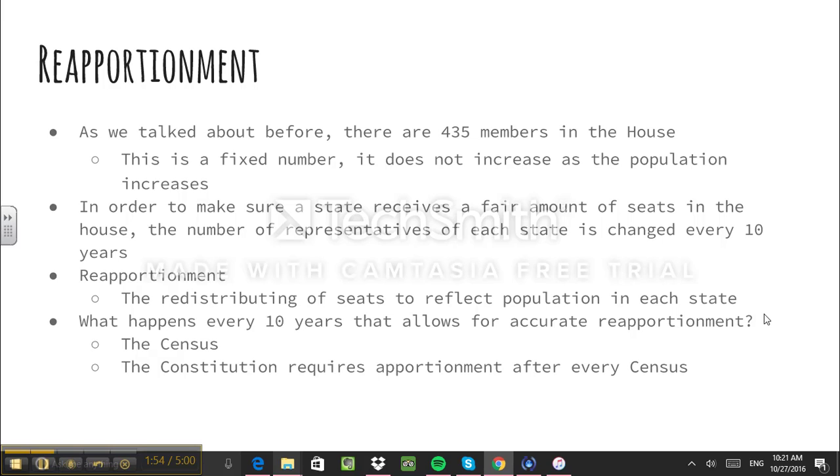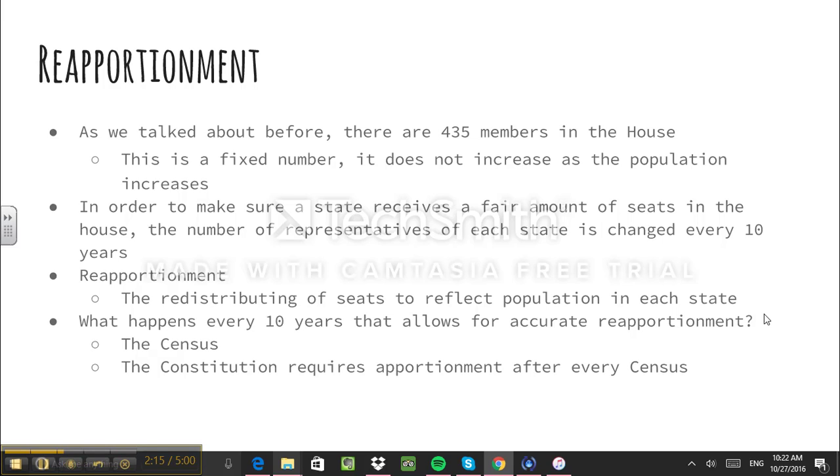So, this means that if a state's population increases relative to the United States, so this is not just, I'm Alaska and we gained 1,000 people in this last year, we should get another member. No, it's relative to the United States.